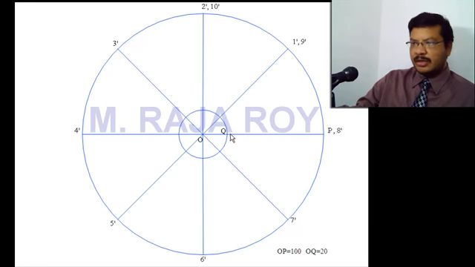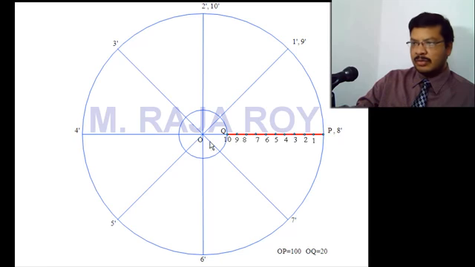Suppose the point is moving not up to Q, it is moving up to O. Then OP you have to divide into 10 parts. But here the point is moving not up to O, it is moving up to Q only. So divide PQ into 10 equal parts, something like this.